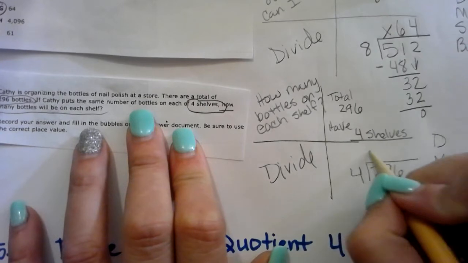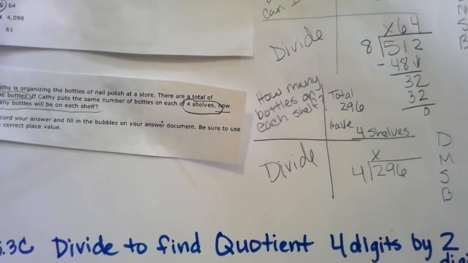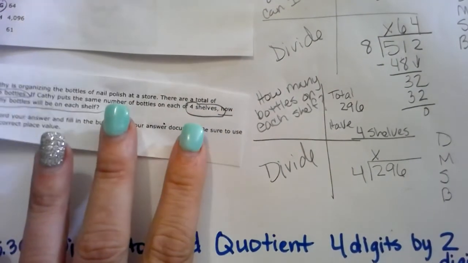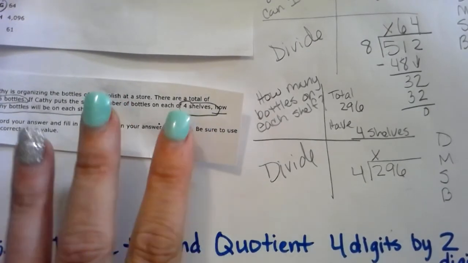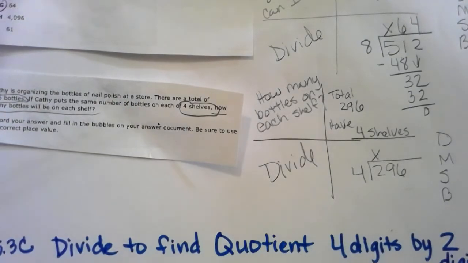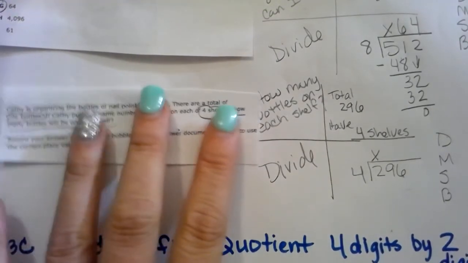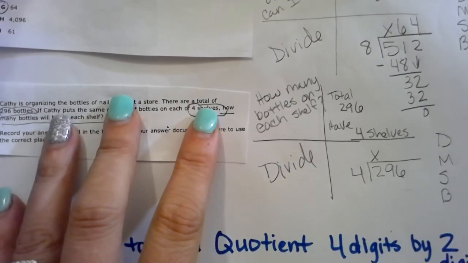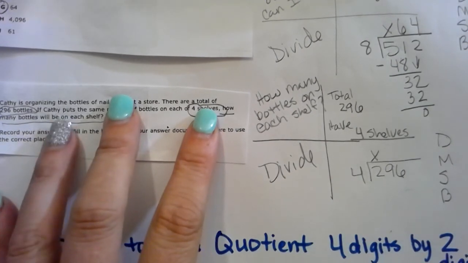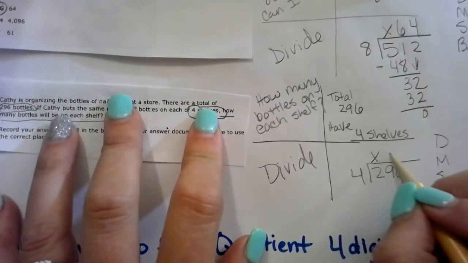4 doesn't go into 2, so I move on over. 4 goes into 29. Well, 4 times what is going to get me real close to 29 without going over? Okay, 4 times what? Well, I know 4 times 5 is 20. 4 times 6 is 24. 4 times 7, 28.